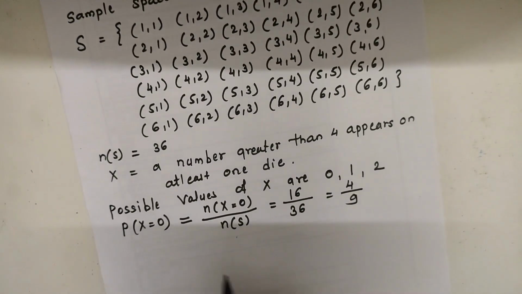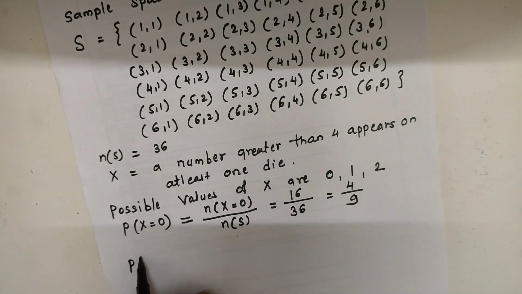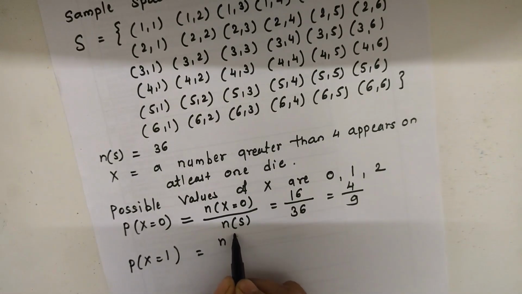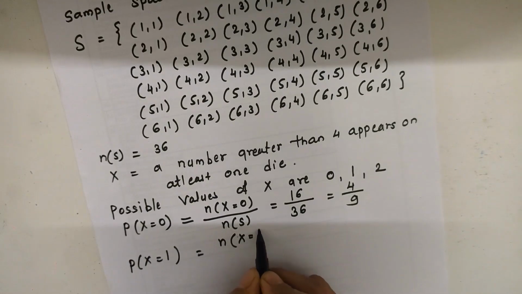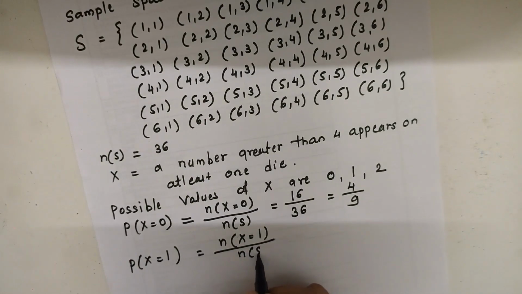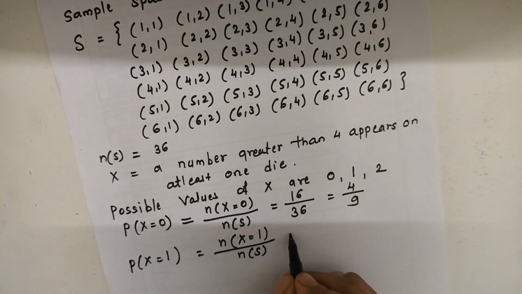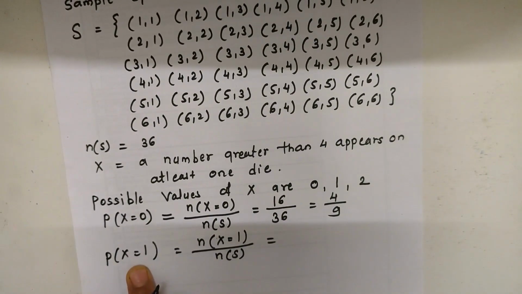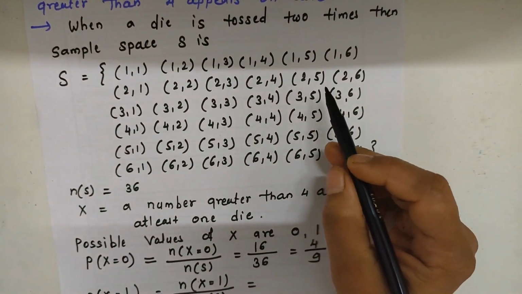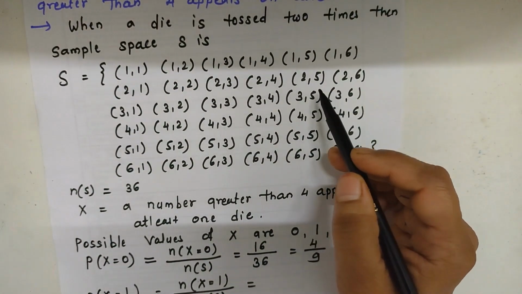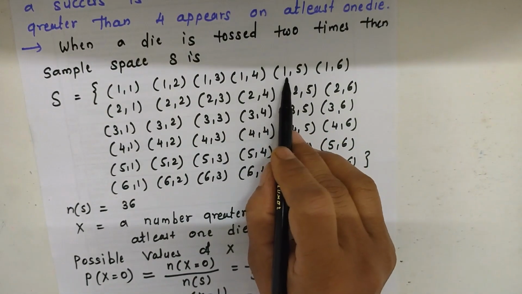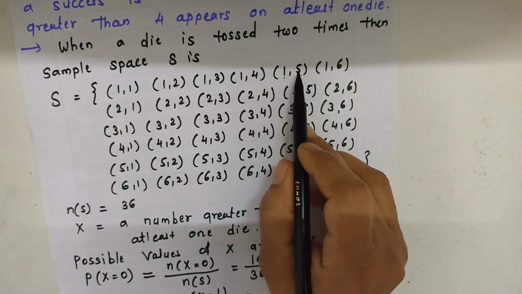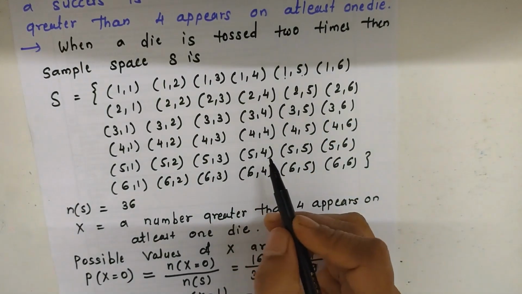Now for the second value, X equal to 1, the probability is the number of points for X equal to 1 upon the total number of sample points. X equal to 1 means any one die shows a number greater than 4. Such pairs are 1 5, 1 6, where 5 and 6 are greater than 4.